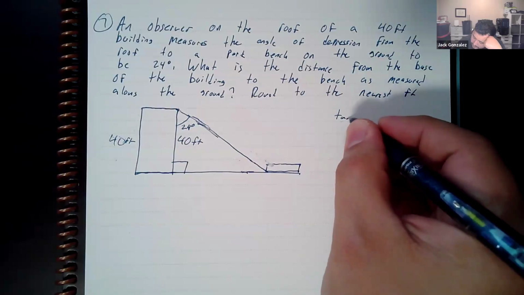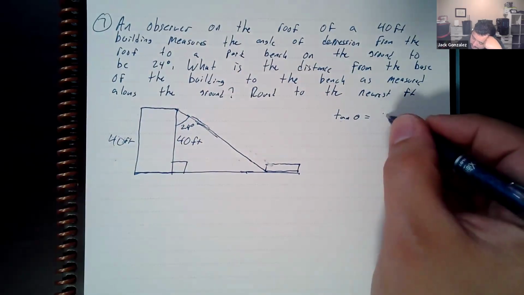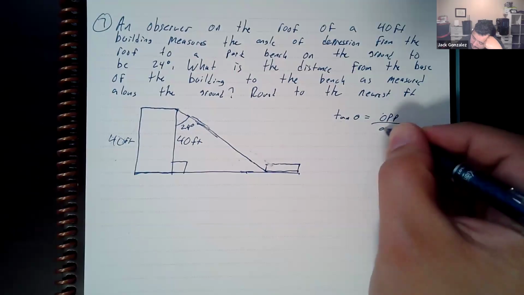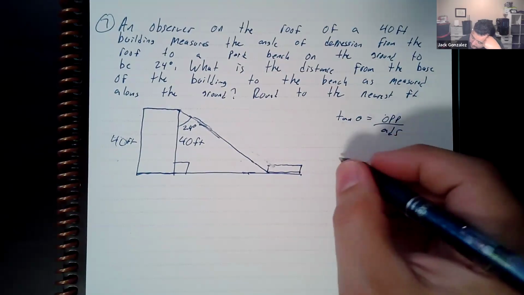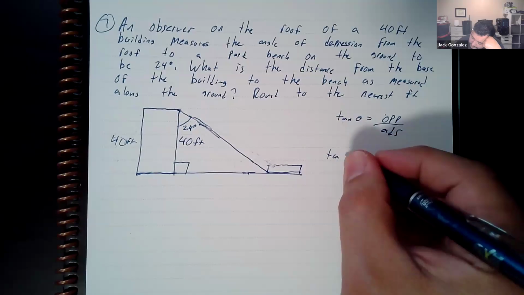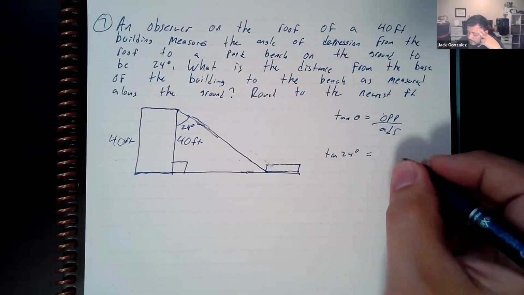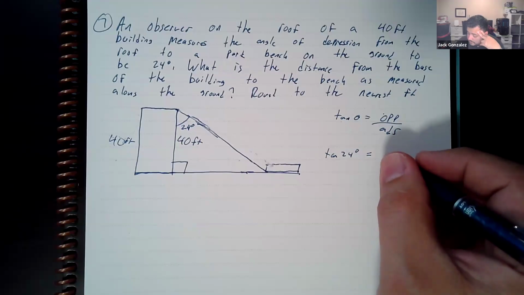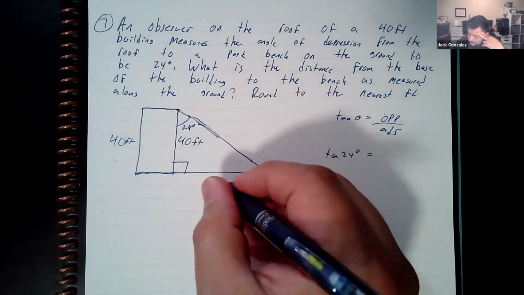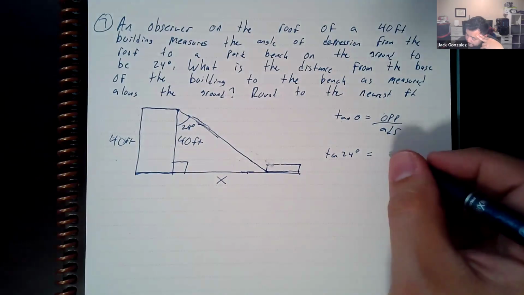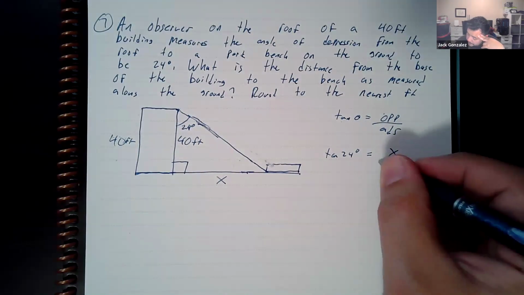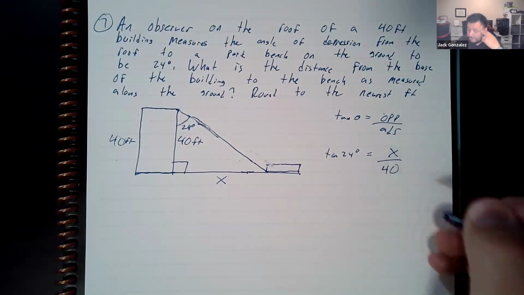Tangent of theta is equal to opposite over adjacent. So tangent of 24 degrees is equal to opposite, which we know, over adjacent, which we don't know. This time, let's just call it x. So 40 over x.